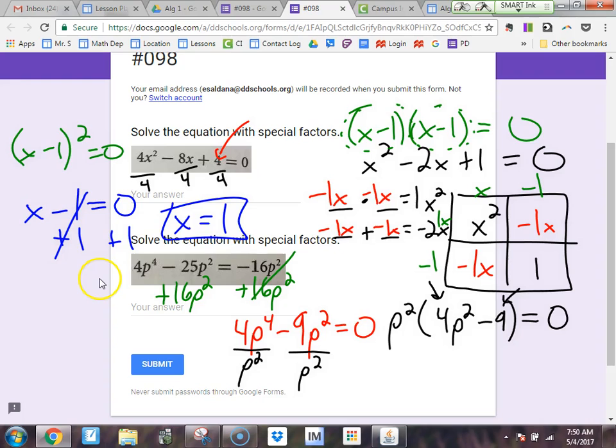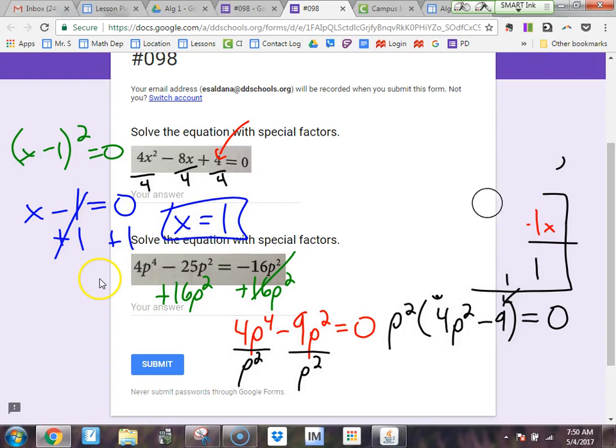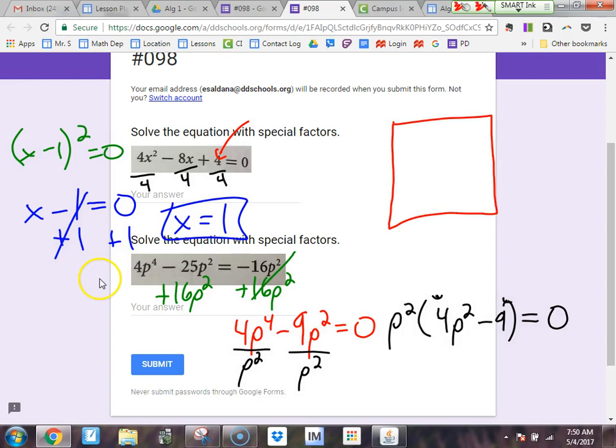So let me erase this part right here so I can put together a box. The p squared will be something that I use in a minute, but the 4p squared minus 9, I'm going to try to factor. 4p squared right here, negative 9 right here.